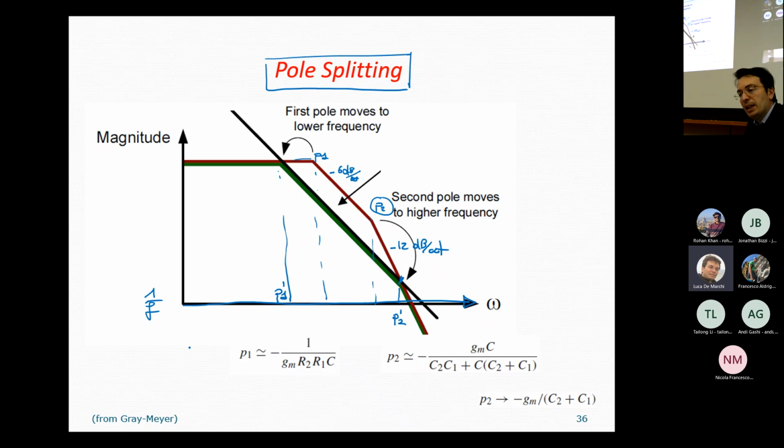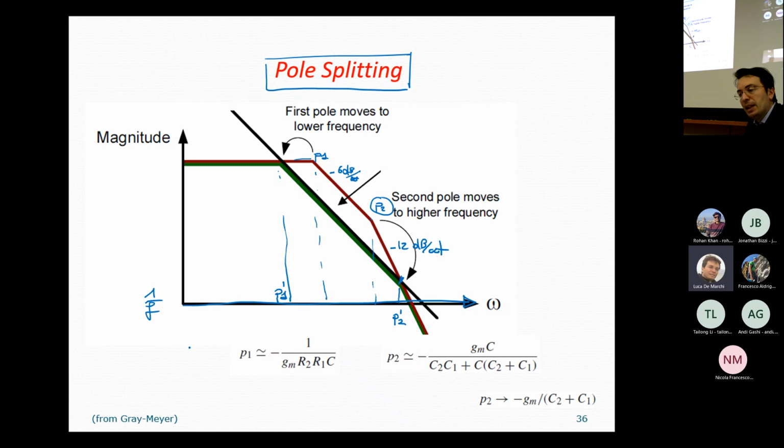The zero is at very, very high frequencies. So after the first pole, we have the minus 6 dB per octave. After the second pole, we have the minus 12 dB per octave decrement.